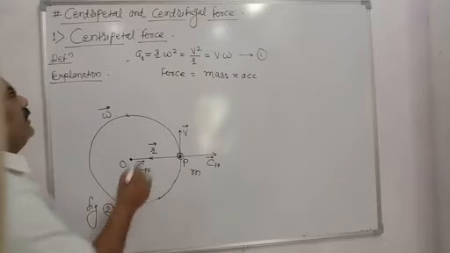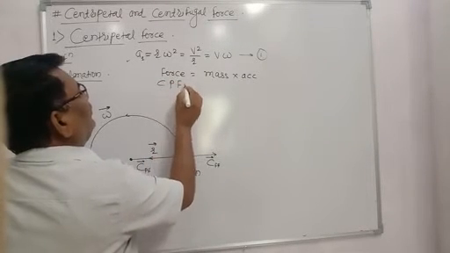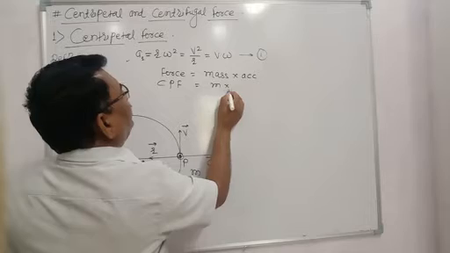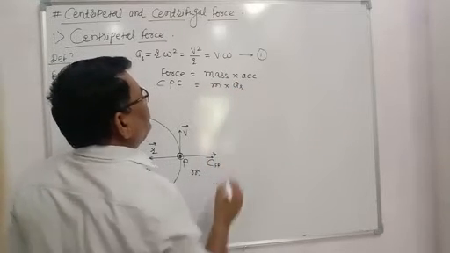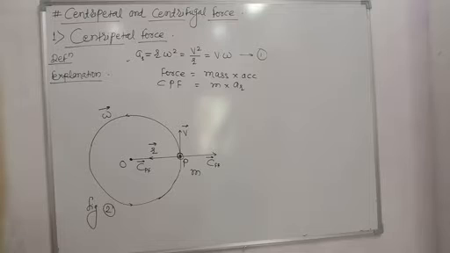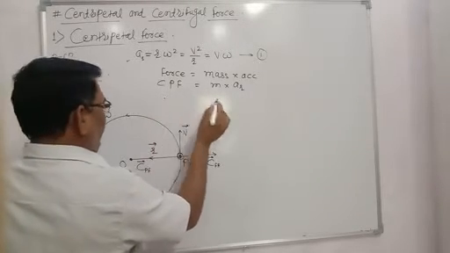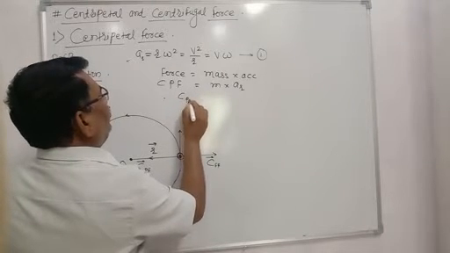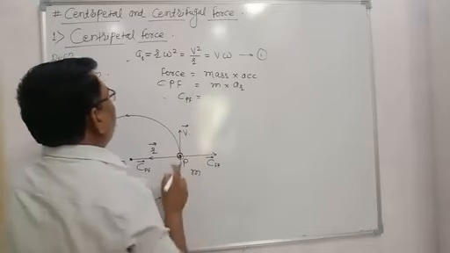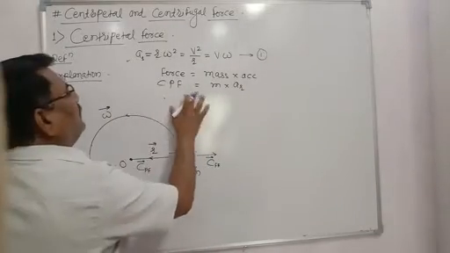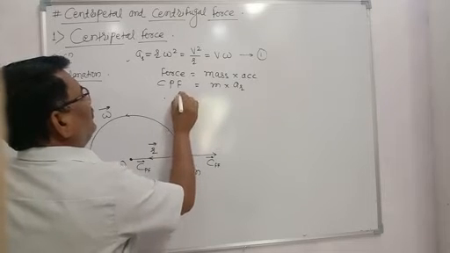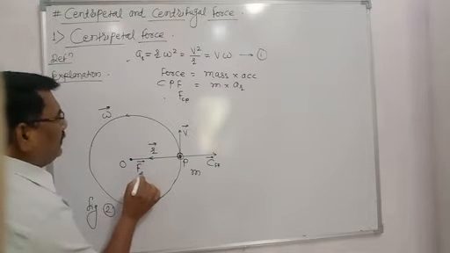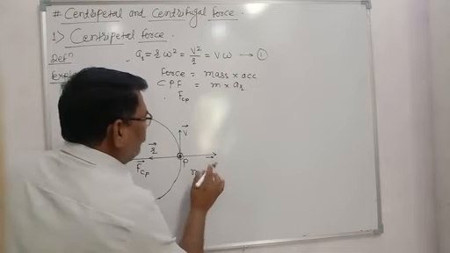So here we can say centripetal force is equal to mass into centripetal acceleration or radial acceleration, or simply let us write it as F_CP, the centripetal force.